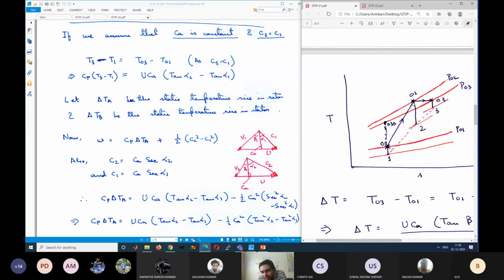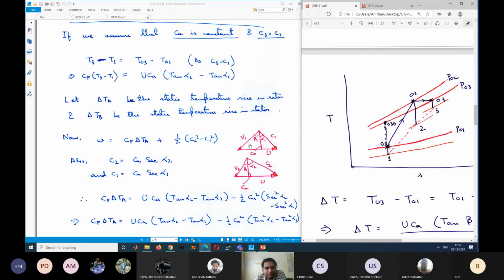So we are just taking the difference between 02 and 01: Cp delta TA, the change in static enthalpy, plus the change in kinetic energy, half C2 square minus C1 square.